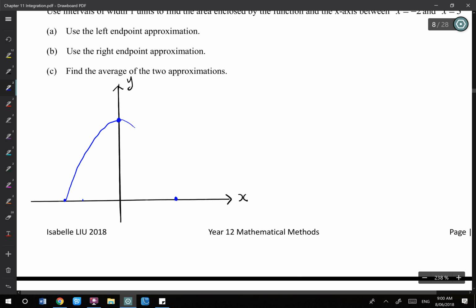I'll show you the graph first, but later, if it's asking for a left-hand side or right-hand side approximation, you don't need to sketch it at all.